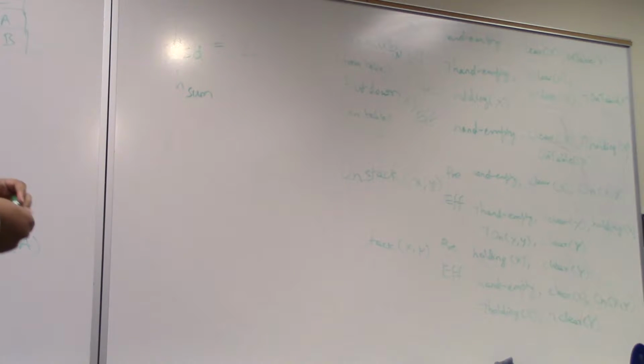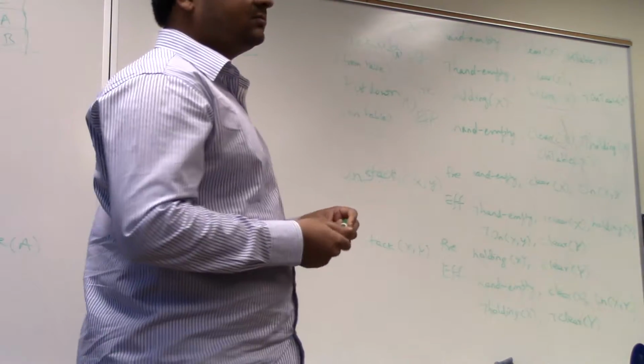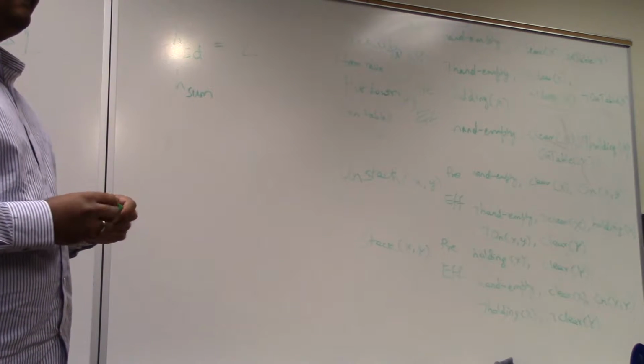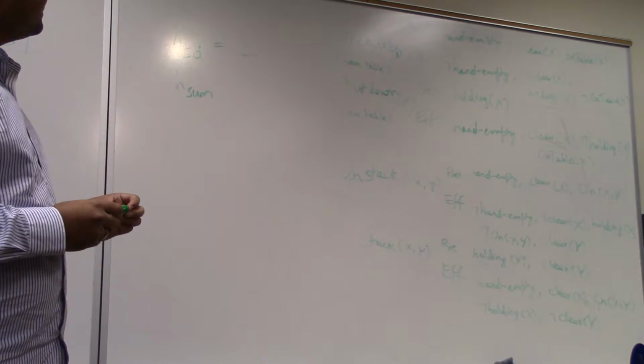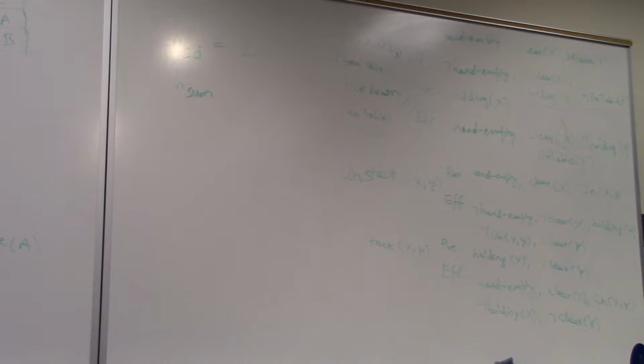So now that we have this, can we draw the planning graph? For drawing the planning graph, basically we need an initial state.